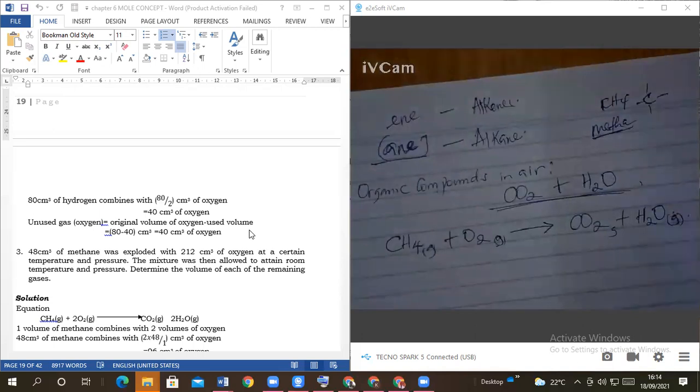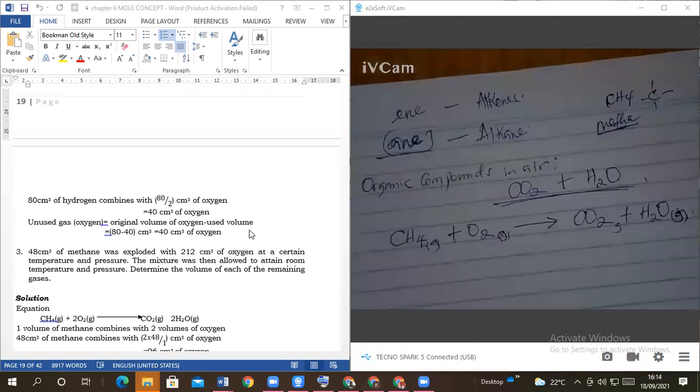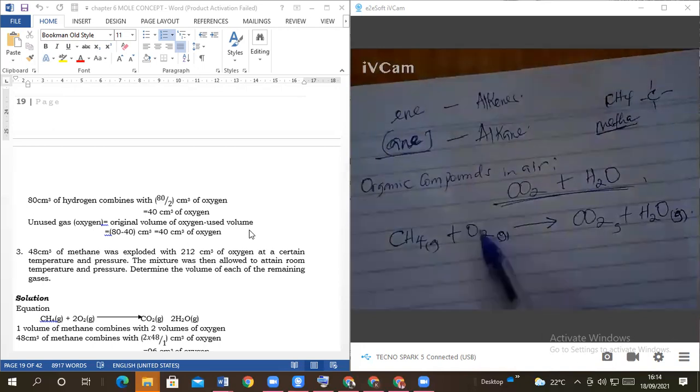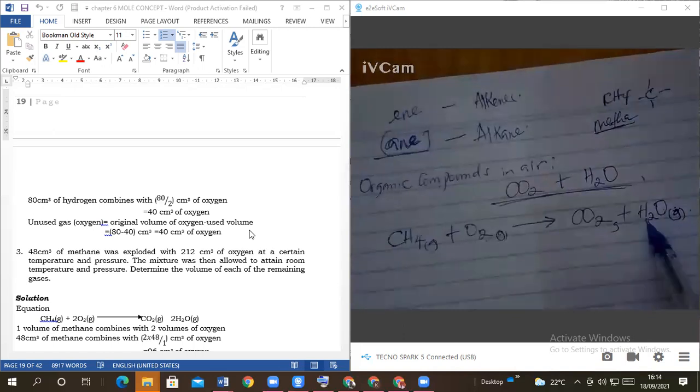Now, after that, what follows? Balancing the equation. Is that equation balanced? Because here I see 2 oxygens, here I see 3. Here I see 2 hydrogens, I see how many? 4. So what should I do?